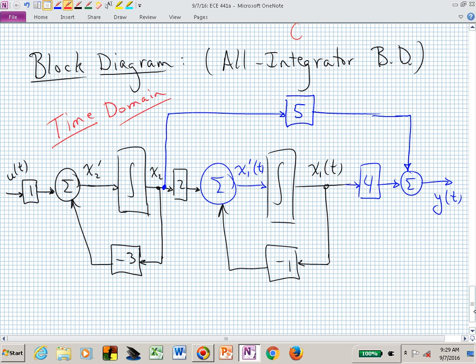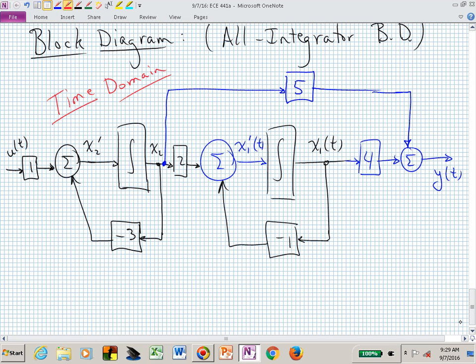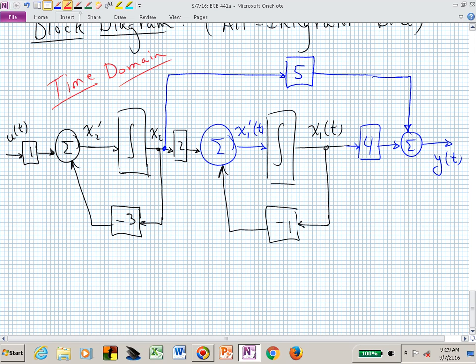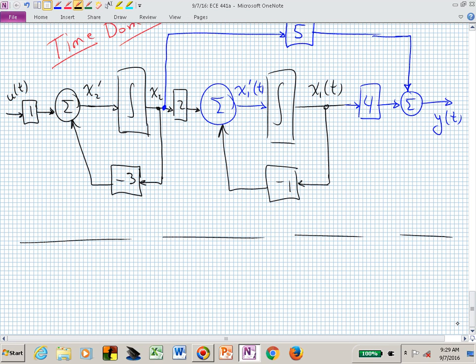If I was really feeling generous and I said, give me a frequency domain block diagram, could you do that now that you have this sitting in front of you? Yes. Now what do you need to do to get into the frequency domain? We simply need to remember that the operation of integration in the time domain is equivalent to 1 over s in the frequency domain.